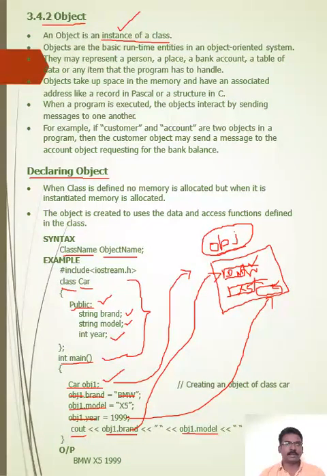Then an instance of the class, for example a person named Ravi, is an instance of the class. Similarly, there will be many students who are all instances of the class. Instance in the sense that these objects, the students, are just following whatever is in the class. So this is the definition of a class and an object.